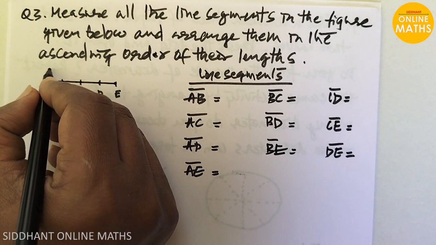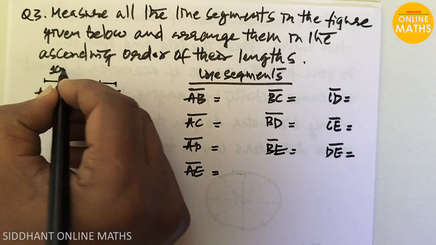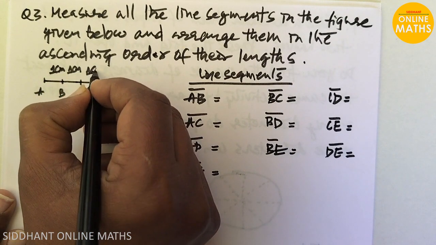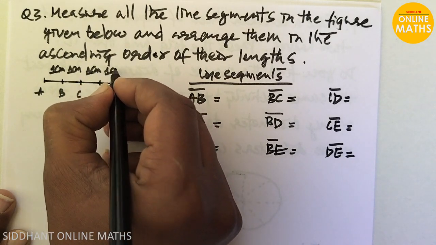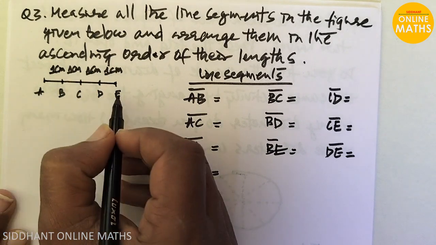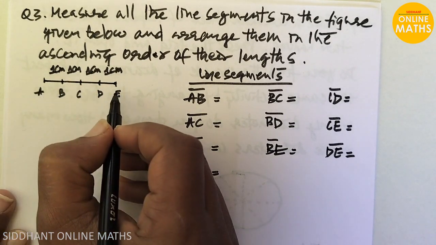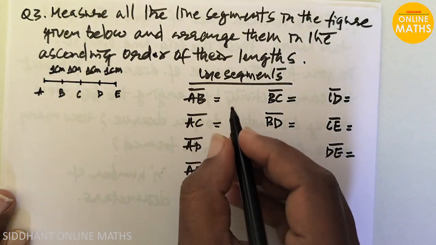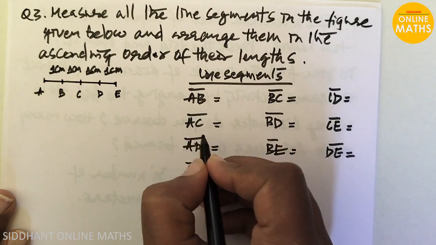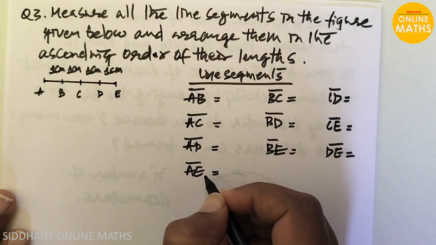So this will be 1 centimeter, and this also 1 centimeter, this also 1 centimeter, this also 1 centimeter. So from A to E we see 4 centimeter length of this line segment. Here they mention the line segments AB, AC, AD, AE, and so on.